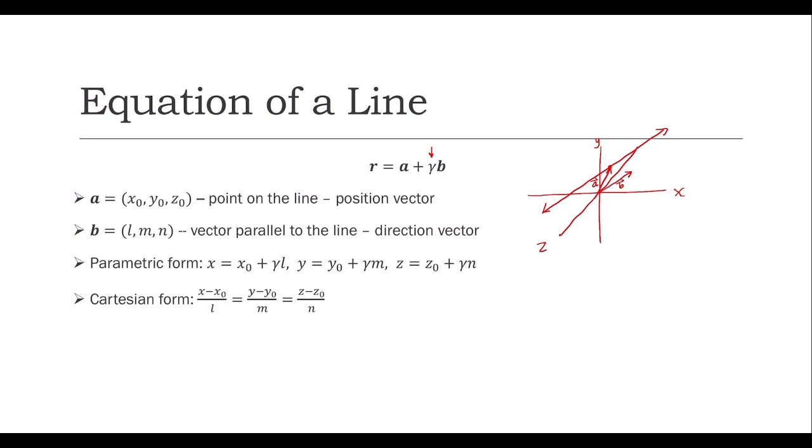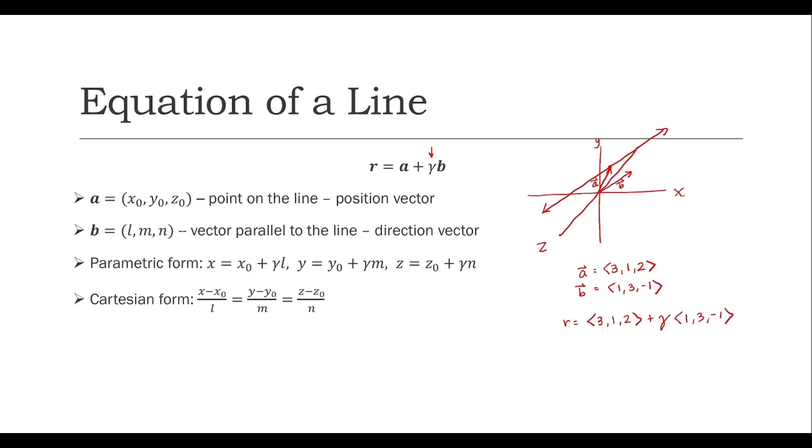So if A was 3, 1, 2, and B was 1, 3, -1, then our equation for the line would be that r equals A, which is 3, 1, 2, plus some number times B, 1, 3, -1.